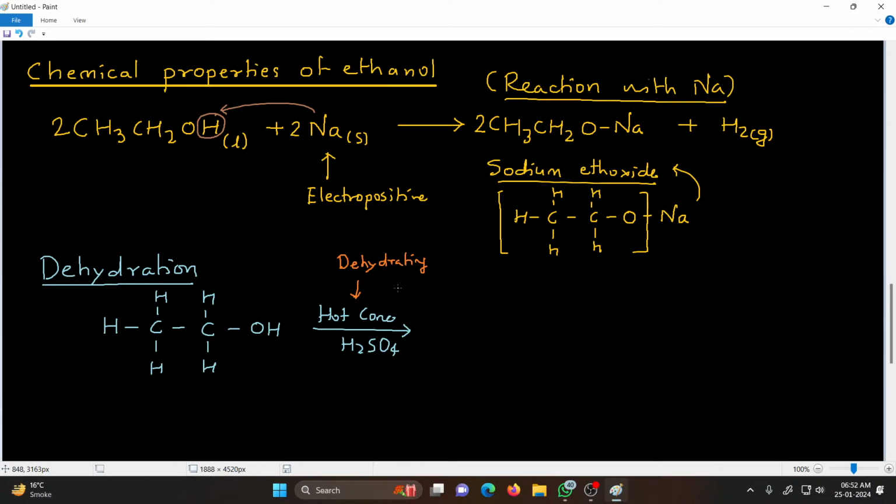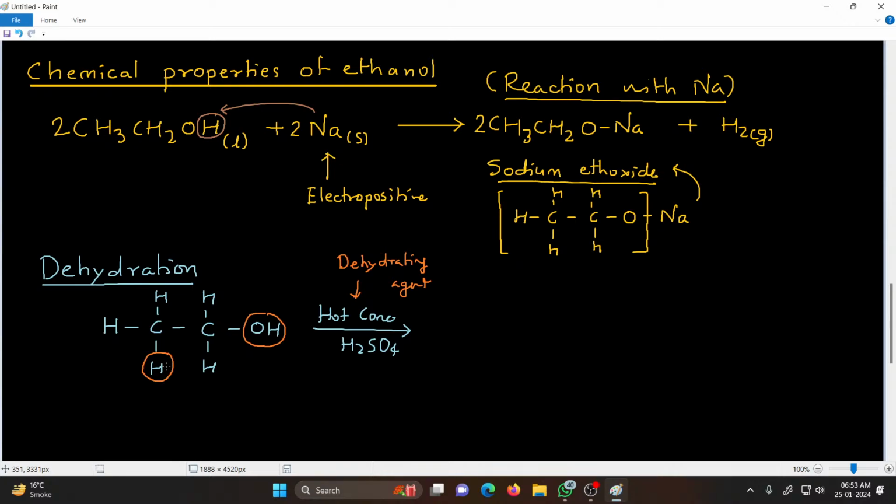That means it removes water from this. So what is the result of the reaction? It removes this OH and this H.